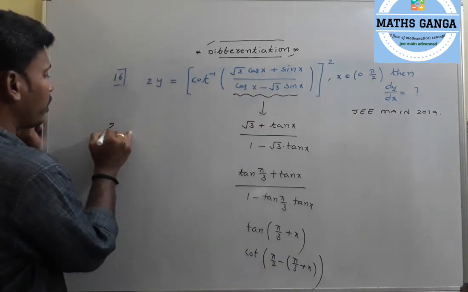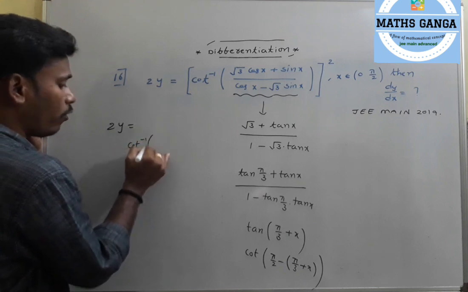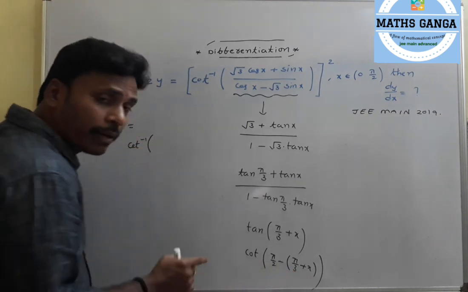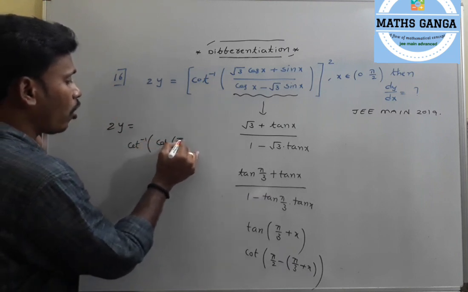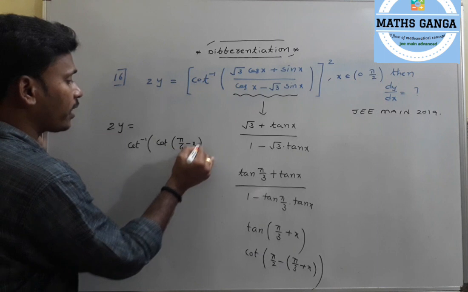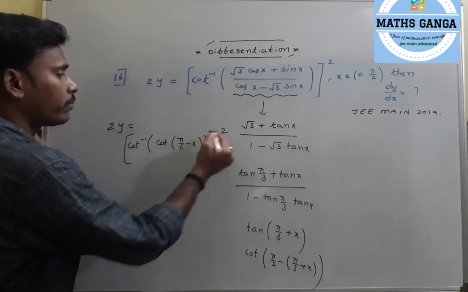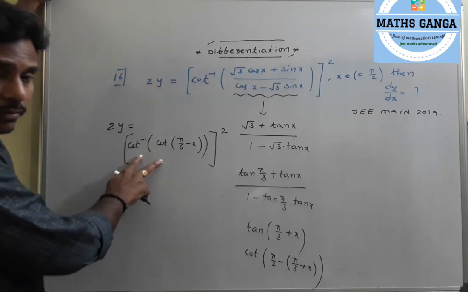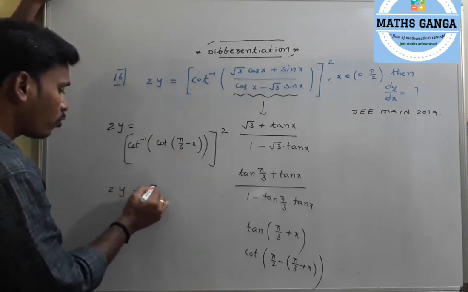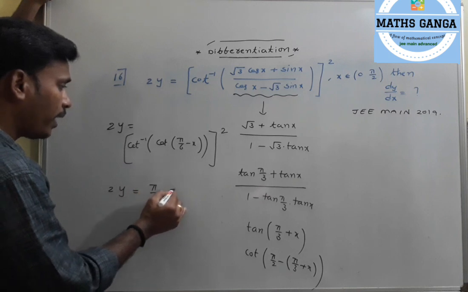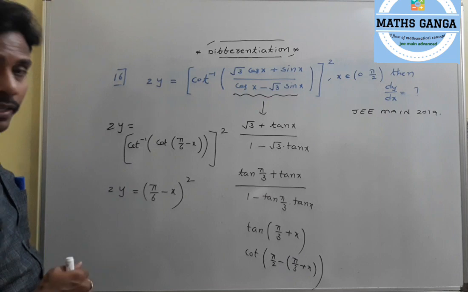So 2y is equal to cot inverse of cot of (pi by 2 minus pi by 3, which is pi by 6, minus x), whole square. Cot inverse and cot get cancelled and we are left with 2y is equal to (pi by 6 minus x) whole square.